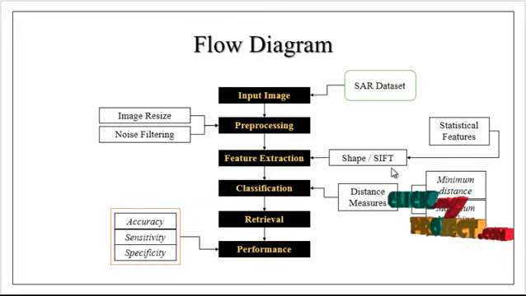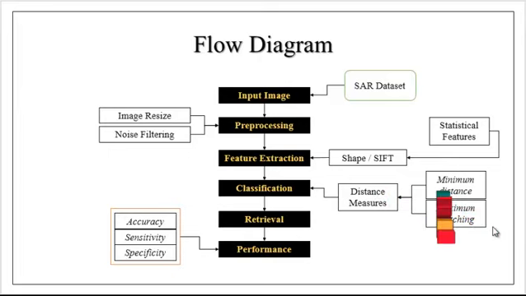After extracting the features, we move to the classification step. In this step, distance-based classification is done to find the minimum distance of the maximum matching point. That is, how much minimum distance is achieved to classify the image is considered as the maximum matching.